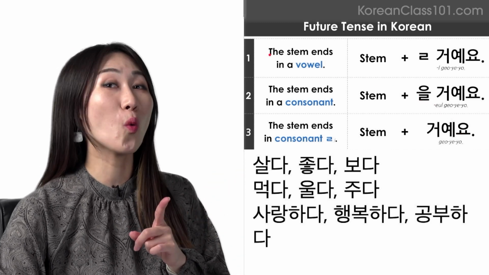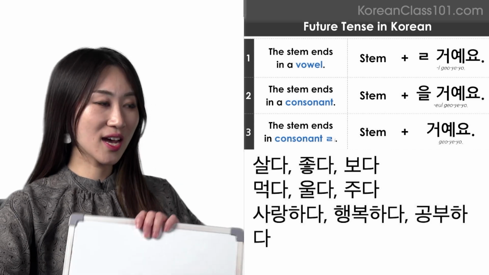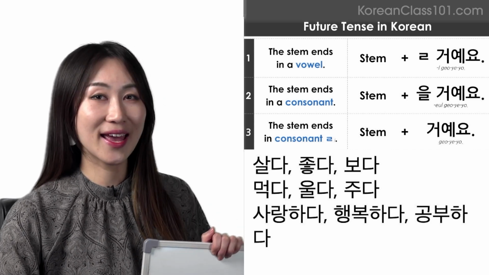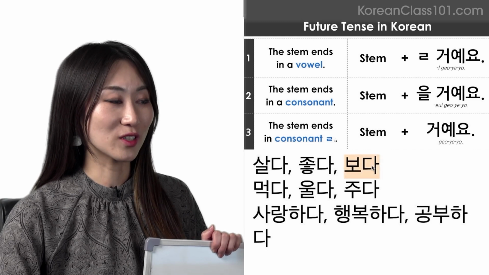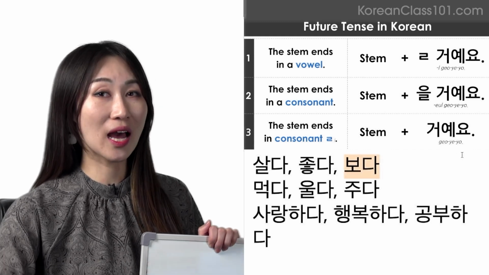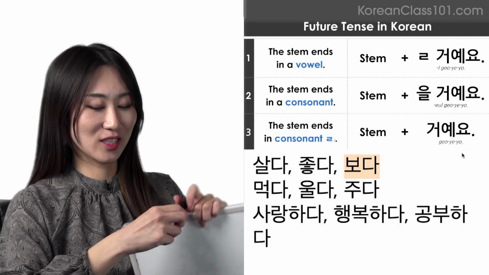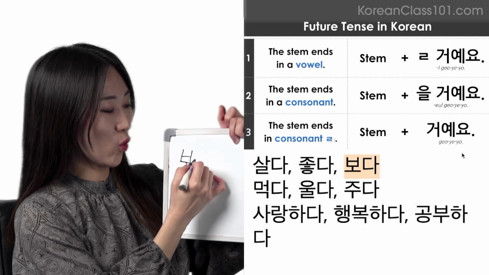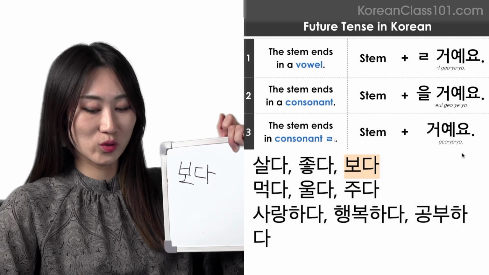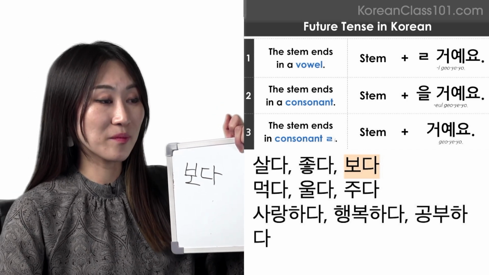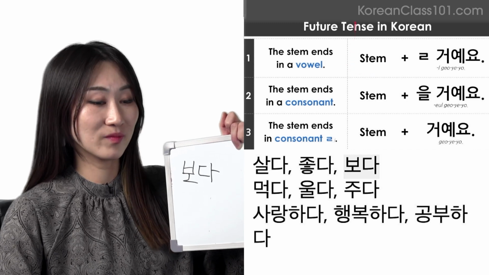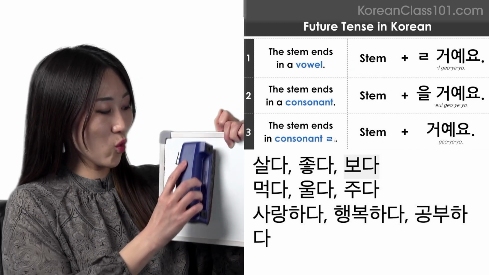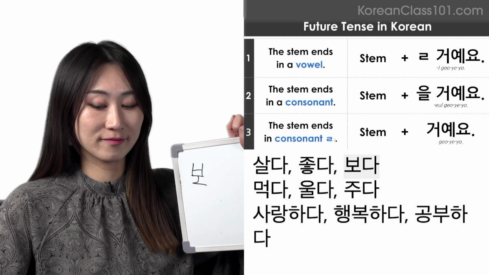It sounds difficult, but actually it's simpler. So let me show you why. Let's look at this word first. 보다, to look, right? So let's get the stem first. What is the stem? The stem is 보.